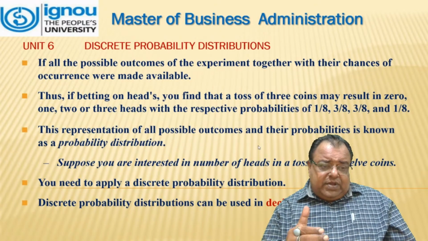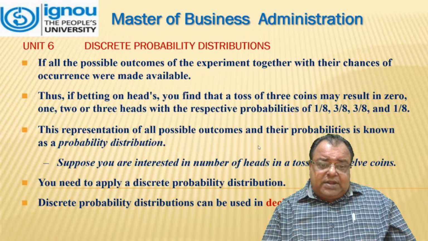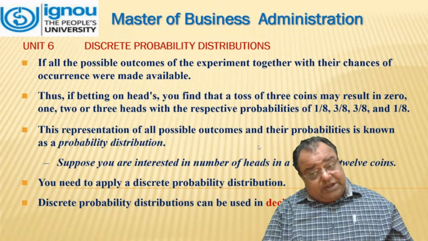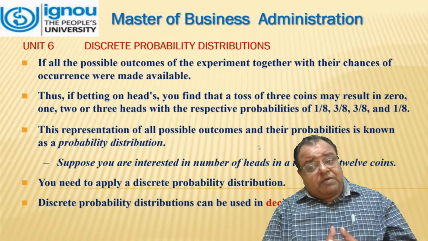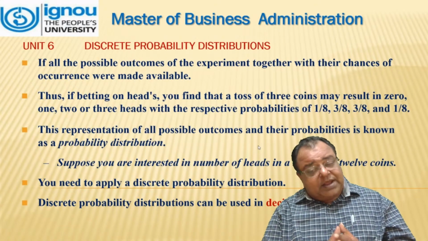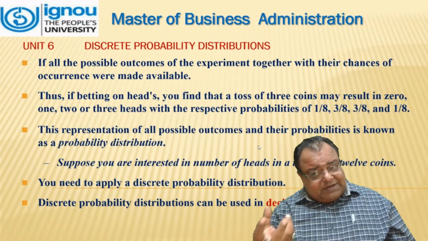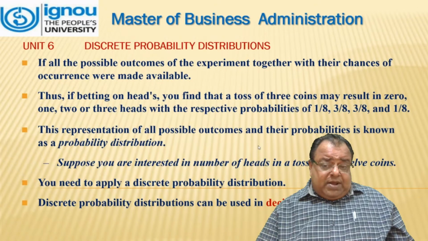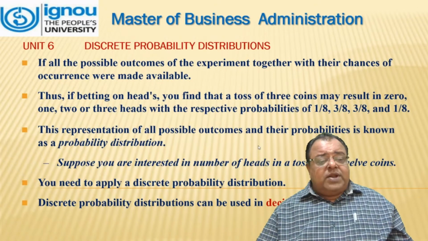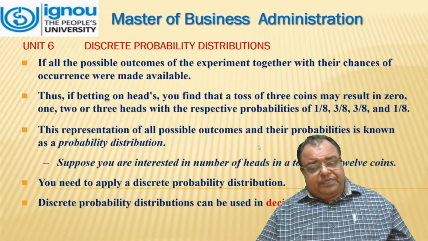If betting on heads, you find that a toss of 3 coins may result in 0, 1, 2 or 3 heads with the respective probability of 1 by 8, 3 by 8, 3 by 8 and 1 by 8. We'll see how we get these values. This representation of all possible outcomes and their probabilities is known as probability distribution.